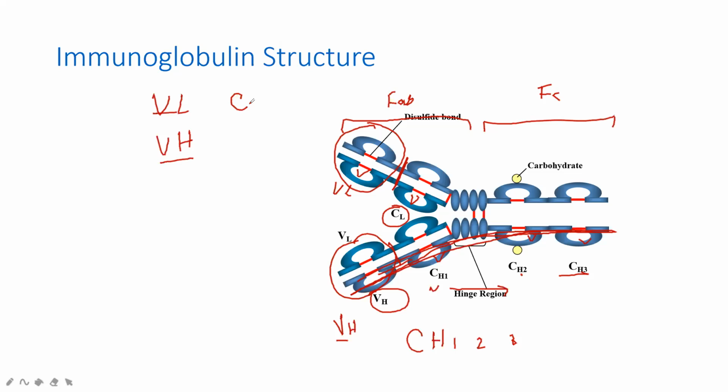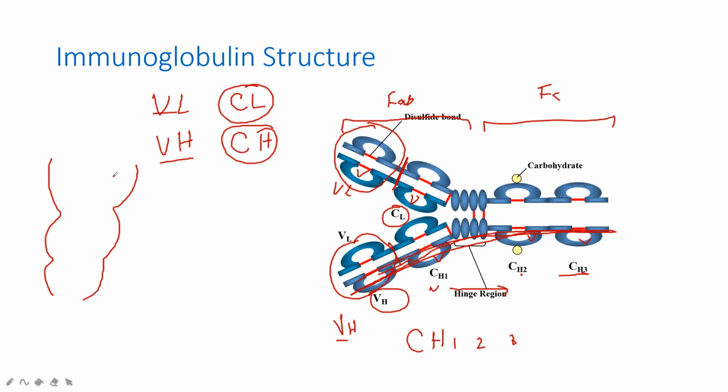CL, what is CL? Constant part of the light chain. We have just one constant part in the light chain, and the constant part of the heavy chain, because the heavy chain is much bigger. One heavy chain part, a second heavy chain part, a third heavy chain part.